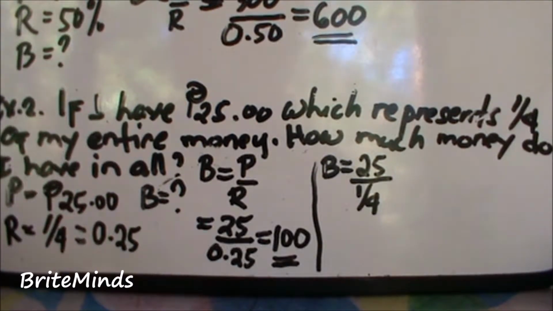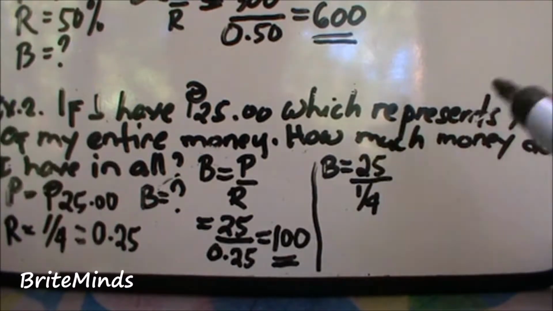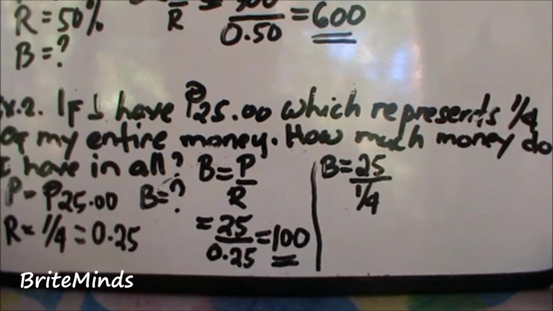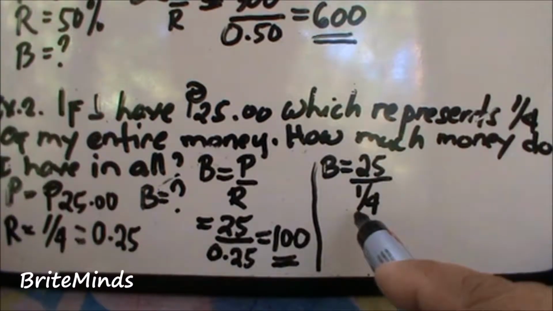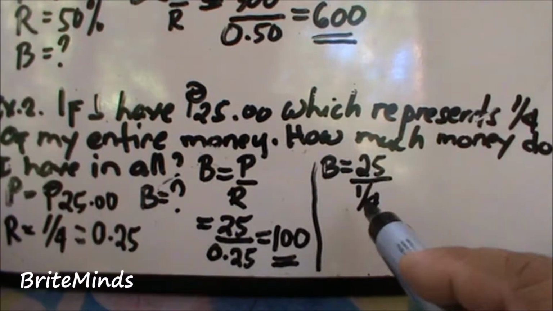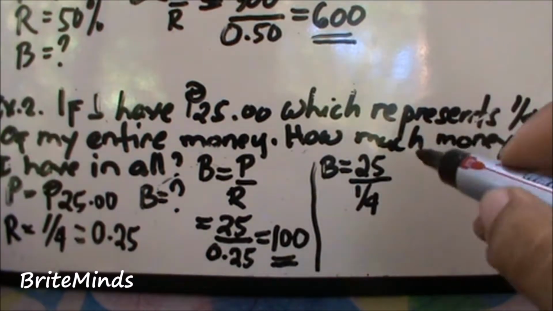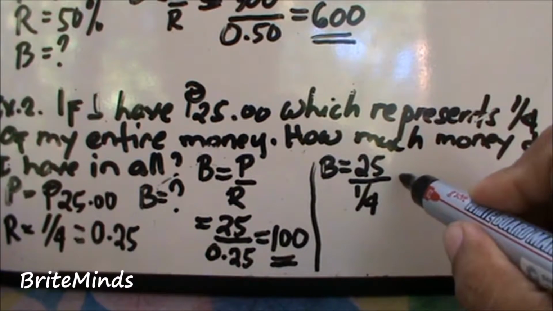We need to change the divisor into its reciprocal first, because that's the rule in the division of fractions.